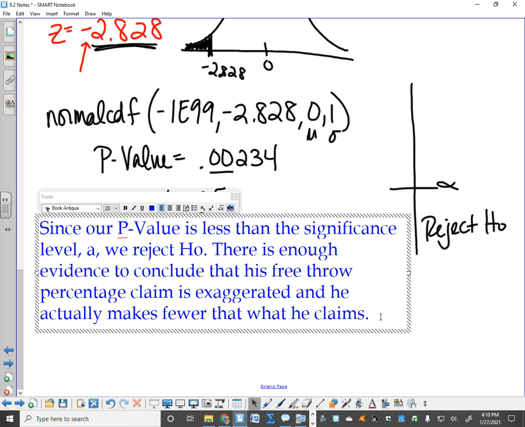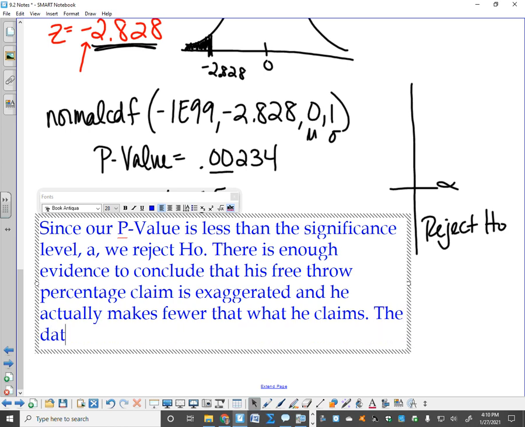Now, since this data caused us, important word, to change our opinion, to reject something and cling to something else, then this data made us change our mind. So this data is statistically significant. Okay, so the data is statistically significant.